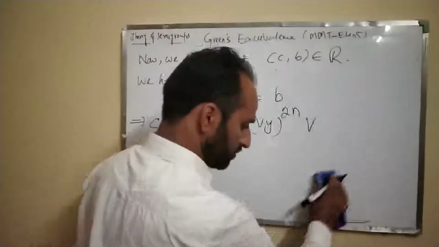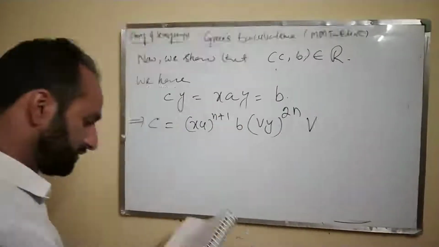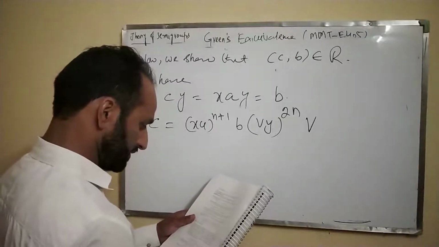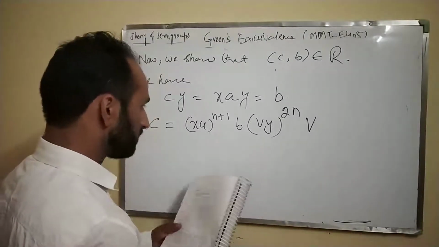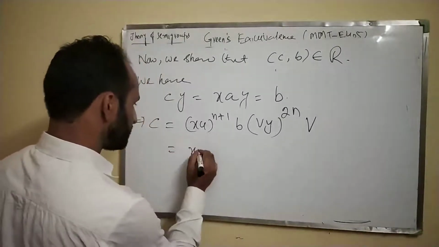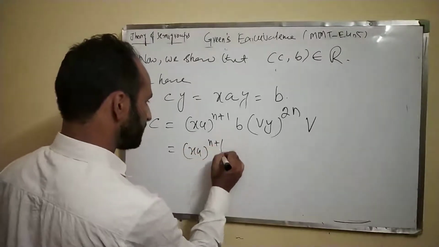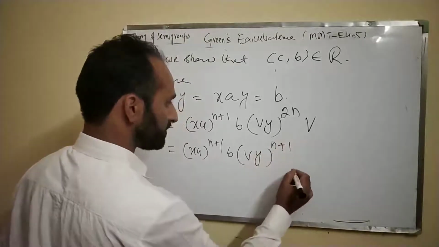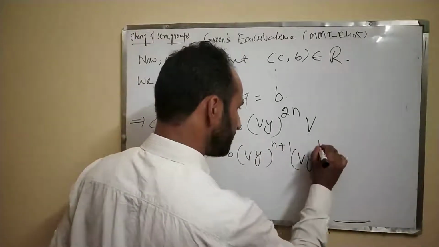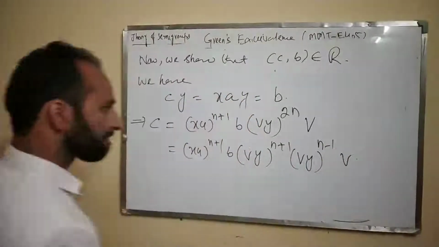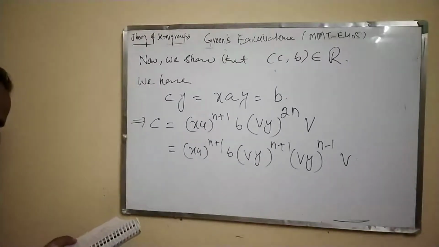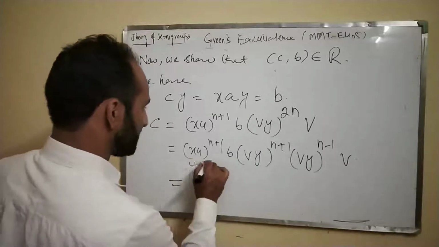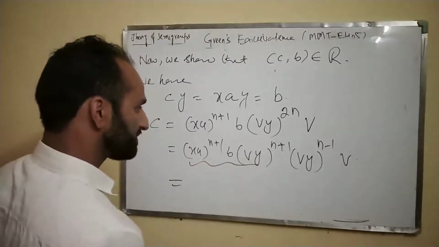So this one is now equal to xu power n plus 1 into b into vy power n plus 1 into vy power n minus 1 into v. Now this one is actually b by construction.